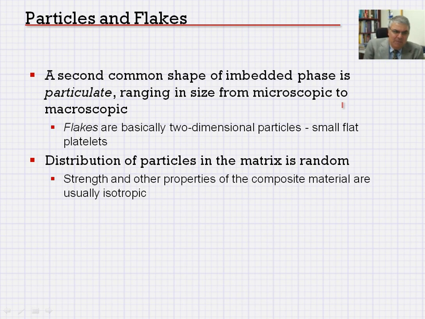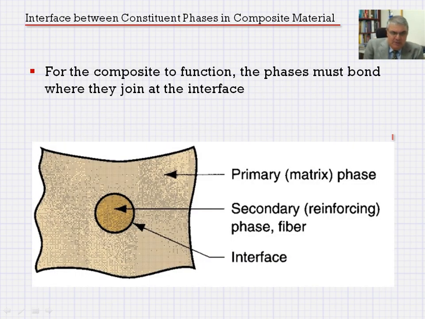Of course, there is some thickness or height, if you want to call it height, but usually they are flat, and the thickness is not much to be considered three-dimensional. And the distribution of particles in the matrix is random. Of course, in this case, the strength and the properties are close to an isotropic material.